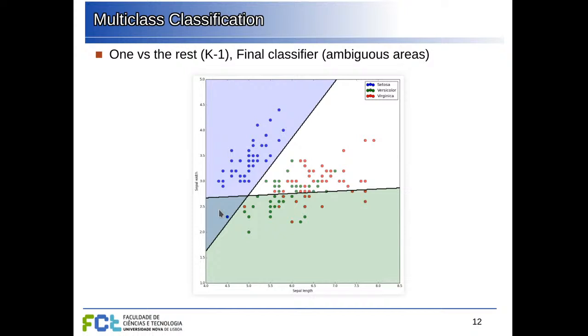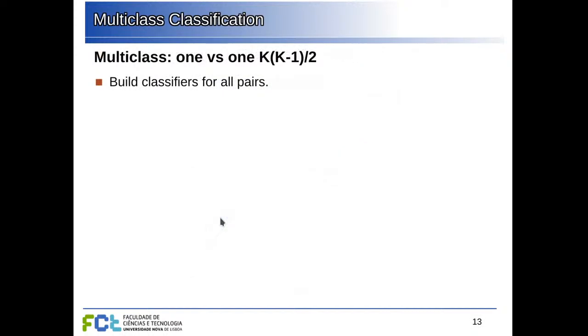One advantage would be that we need fewer classifiers than classes. So for 2 classes we only need 1 classifier, for 3 classes we need 2, and so forth. But with more than 2 classes we have these ambiguous areas where more than 1 classifier is claiming the class of that point. So let's see if we can solve this by using classifiers for all pairs.